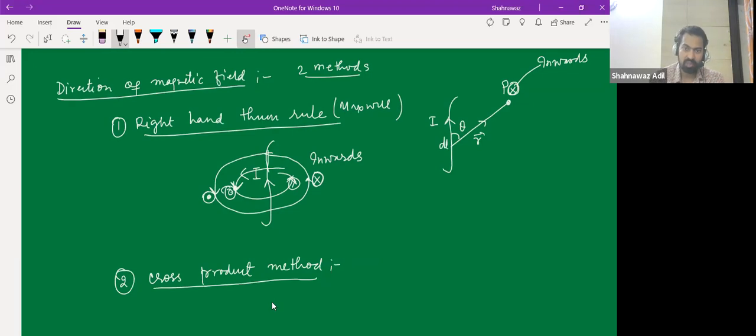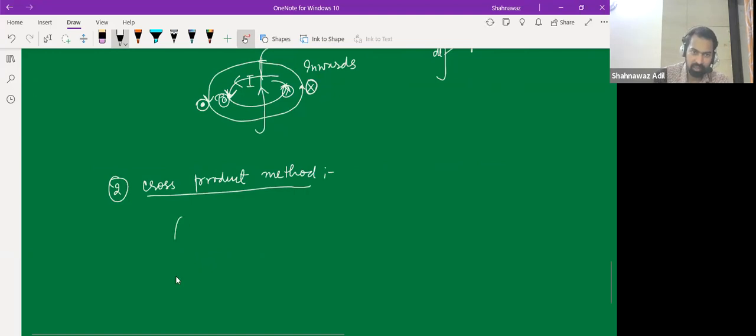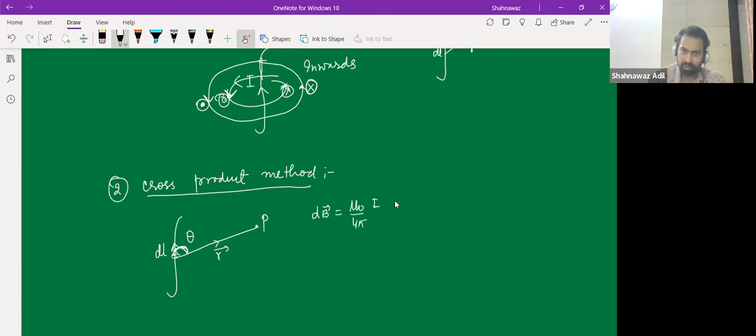We know that the magnetic field, let's say this is dl, and we are calculating the magnetic field here, and this is theta, this is r. The magnetic field is mu naught by 4 pi, I dl cross r, divided by r square. So you know that this is dl and this is r.